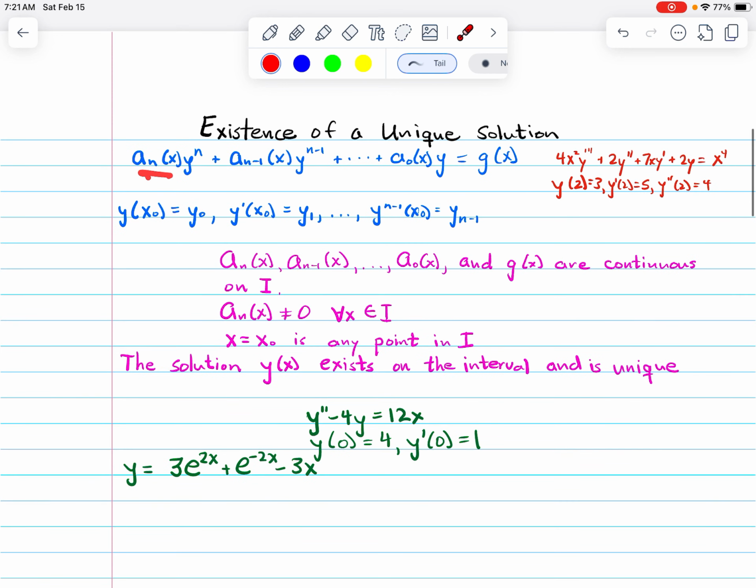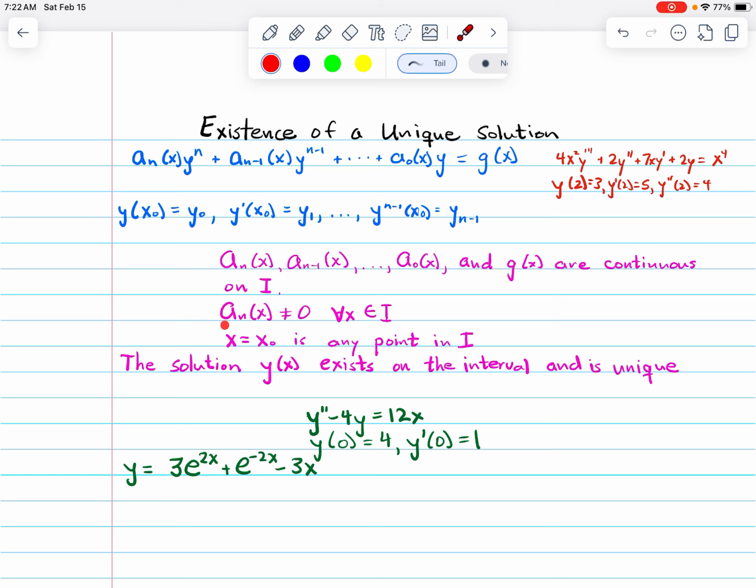If every one of these coefficients, which are functions of x, plus this value on the end here, are continuous on some interval containing x naught, that's the first condition.